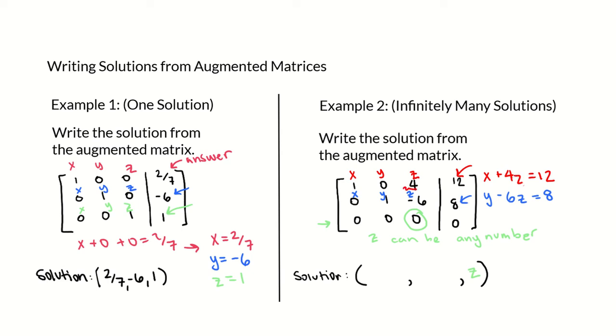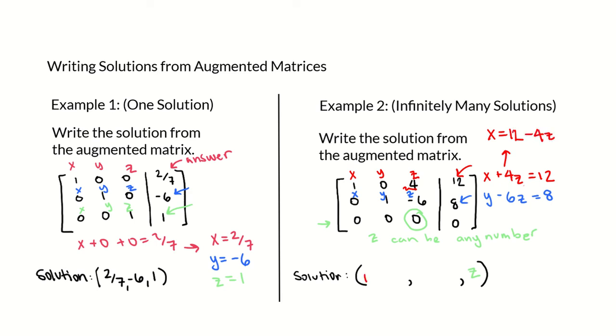Okay, so now we take these two expressions, the red one and the blue one, with x and z and y and z, and we're going to solve for x in the first one. So solving for x here means we'd subtract 4z from both sides to get x equals 12 minus 4z.